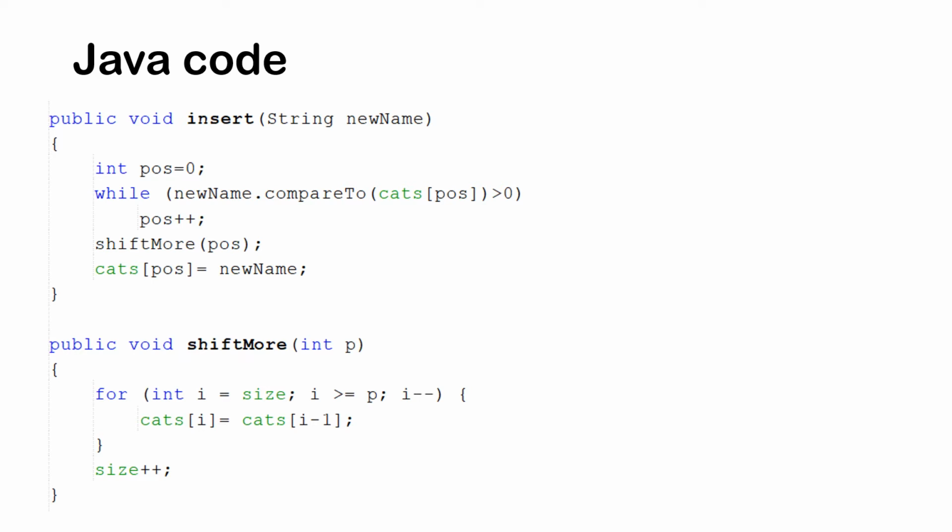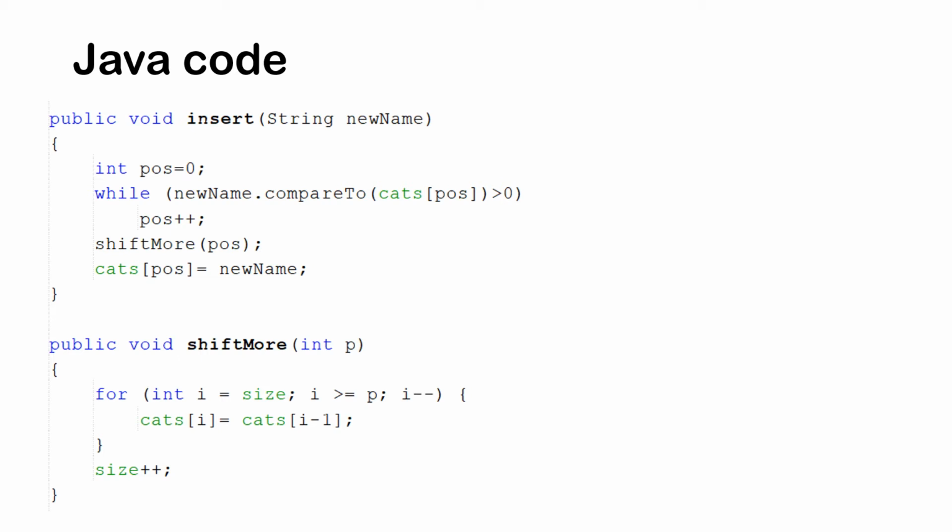While newName.compareTo(cats[pos]) is greater than 0, so while the new name goes in alphabetical order after the cat in the array at pos, remember you start with pos equal to 0, you increment pos. And we're going to keep doing that little while loop.